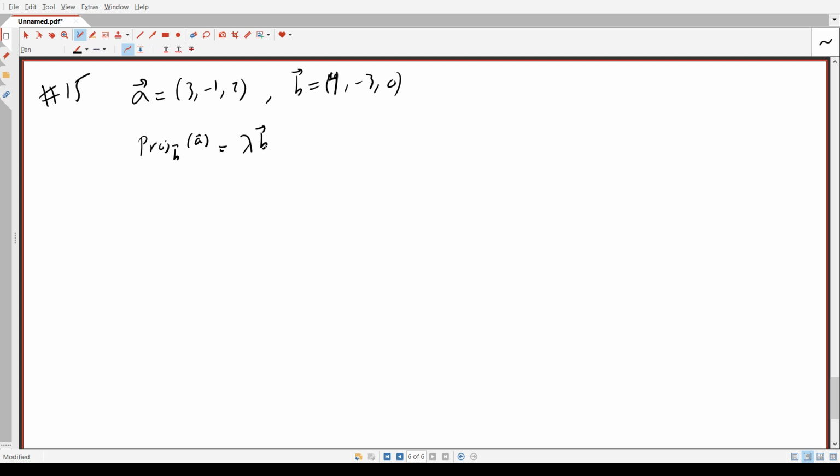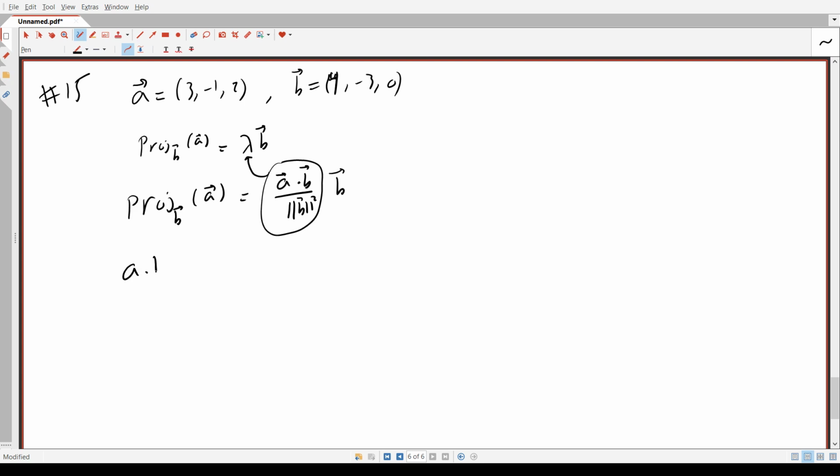Okay, so we just use the formula for the vector projection. So the formula for the projection of A in the direction of B onto B is A dot B over norm B squared times B. So here we see that this right here is the lambda that we want. So we just need to compute the dot product and the norm of B squared.